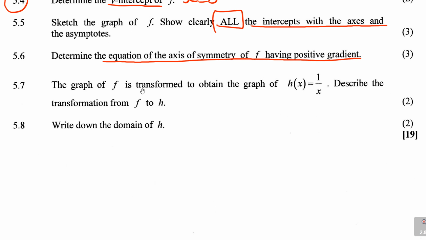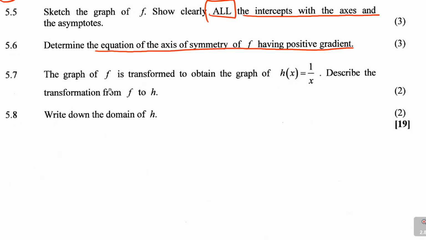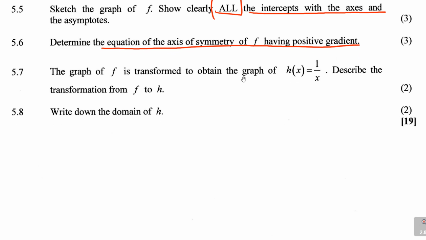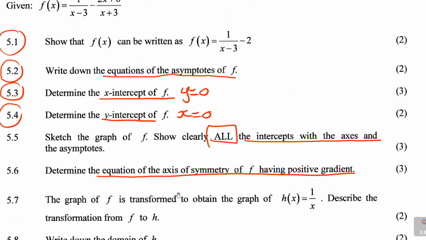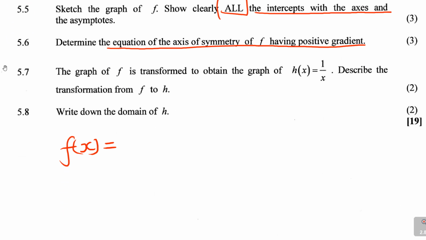The graph of f is transformed. I like that. The graph of f is transformed to obtain the graph of h, in which h of x is 1 over x. Describe the transformation from f to h. Let's just do it here. So what is the graph of f? Remember, f of x is equal to, let's take it there. It was 1 over x minus 3 minus 2.